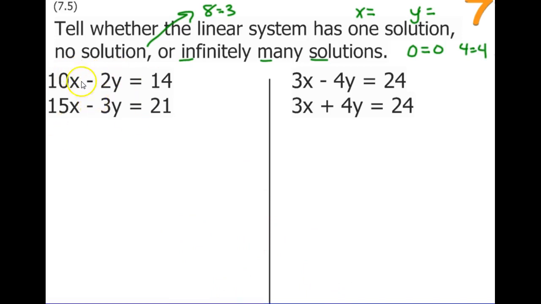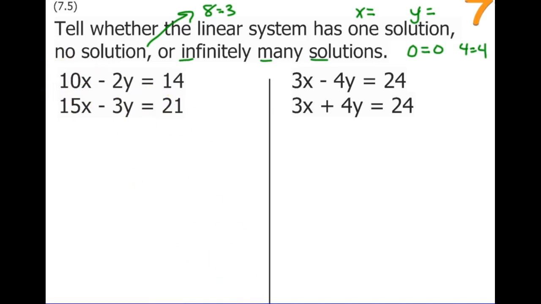So this first one is not set up to eliminate, so I would have to multiply one or both of these equations. I'm going to multiply to get rid of the y's, because they're smaller numbers. So I'd multiply the top one by 3 and the bottom one by 2. But they're both negative, so we need to multiply one of them by a negative number.